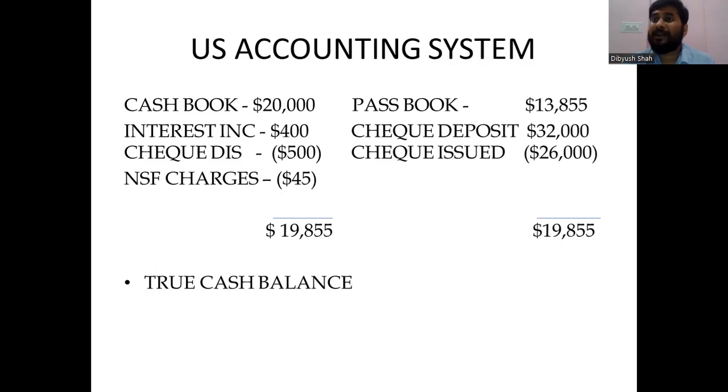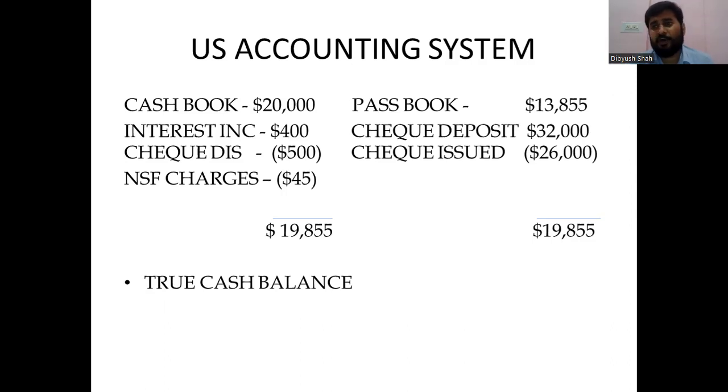What adjustment? You will add it up, because the bank credits interest income to your passbook. That means your balance has increased. Now you have to find the true cash balance, so increase your cash balance. You found out when you printed the passbook that a check got dishonored, a check for $500.